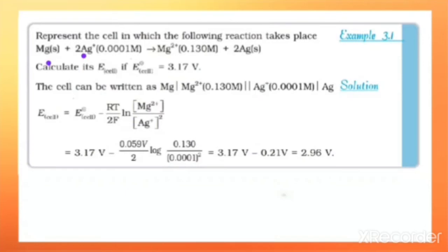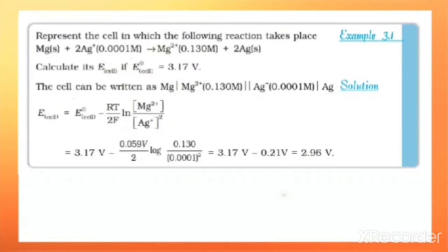Here Mg plus 2Ag+ gives rise to Mg2+ plus 2Ag. Here we have to write this in the Nernst equation form in order to find the E cell, because the question asks to calculate E cell, if the E naught cell value is given to us as 3.17 volt. Now how do we do this?